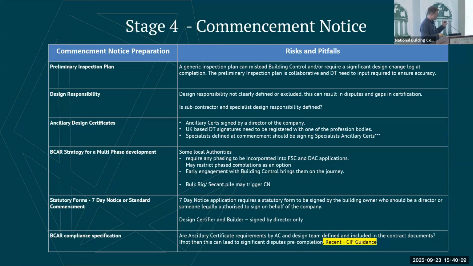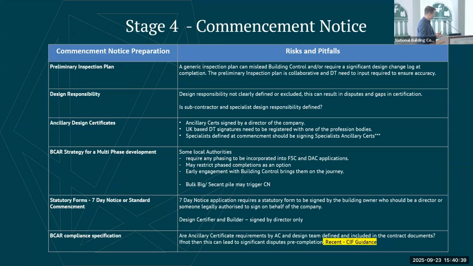If what you're asking is fair and correct and aligns with the practice notes, it should be baked into the contract itself so that there are no issues further down the line. Even if it is baked in early, we're still finding lots and lots of problems, especially with the specialist ancillary certs, which I'll get to in a while. But again, that's something that you should consider getting across to the project manager and the client. So then you're at construction kickoff stage.